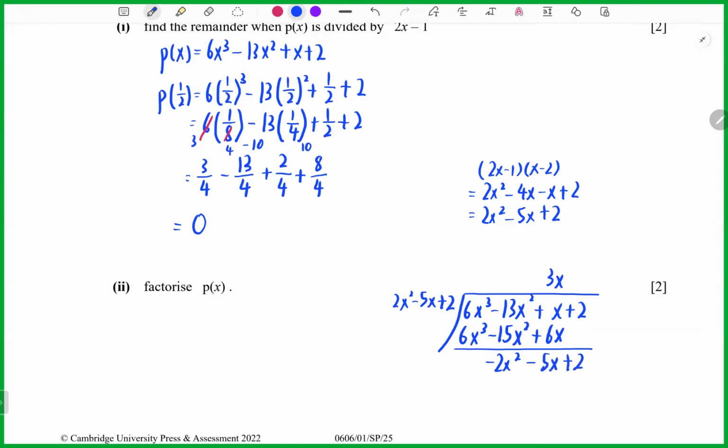And then here is plus 2, so you will get 2x squared minus 5x plus 2. Here is 0. Now I can write it out. p(x) will equal 2x minus 1, multiply the x and 2, and then multiply the x plus 1.